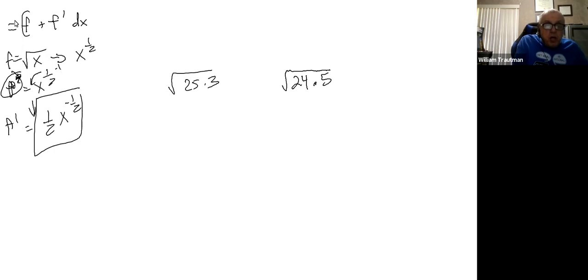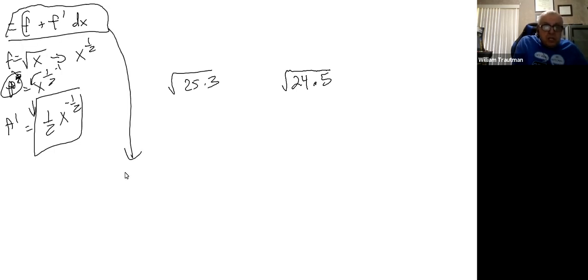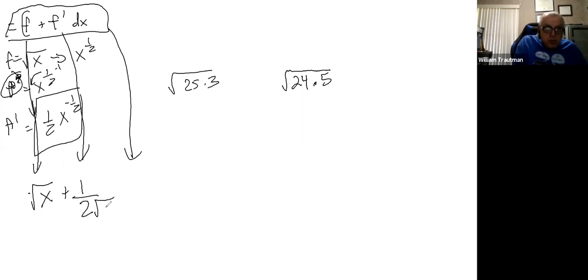So we're going to use the formula they gave us. Our function, which is the square root of x, plus the derivative of our function, which is 1/2 square root of x.